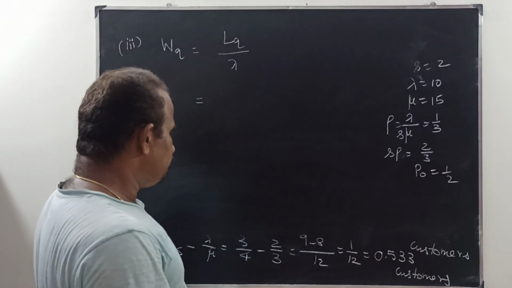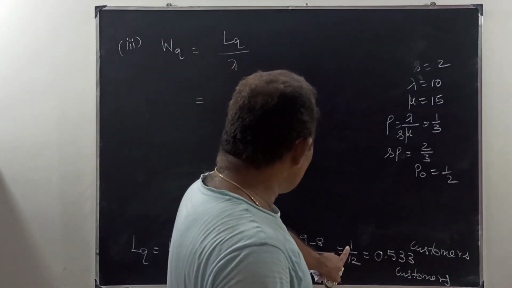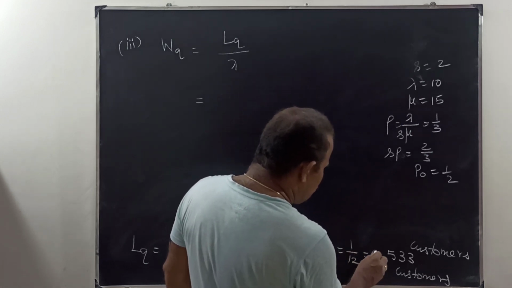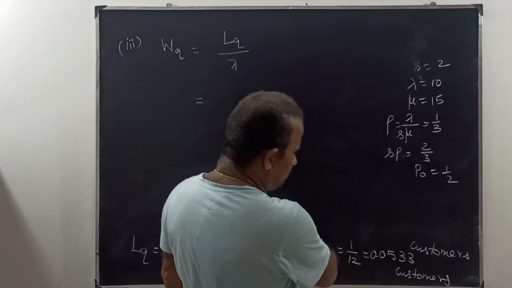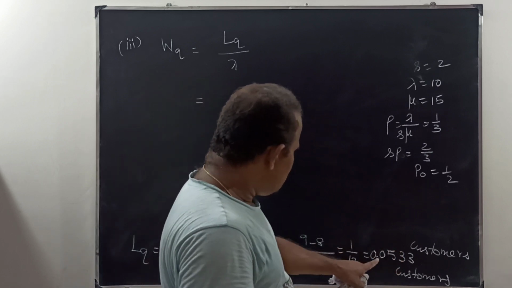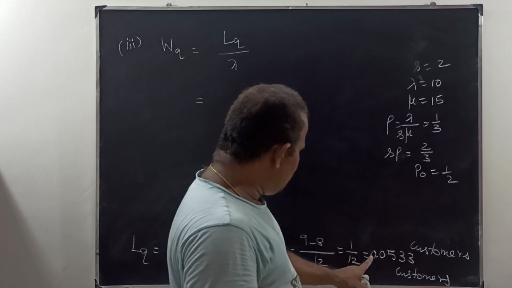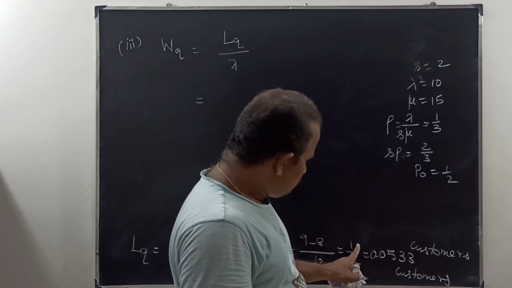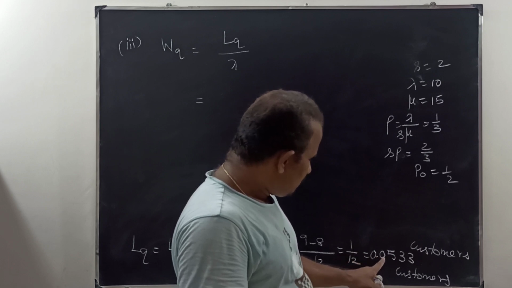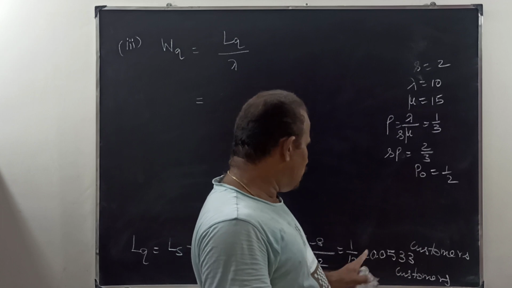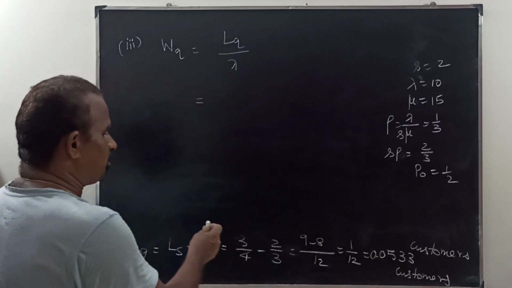LQ is equal to 1 by 12, which is 0.0533 as computed.